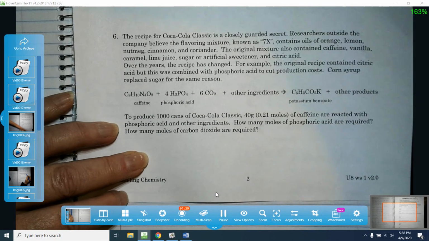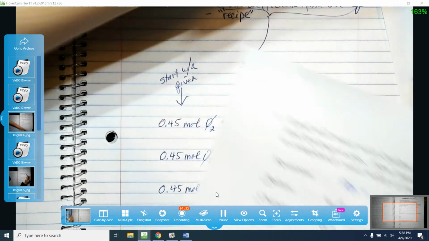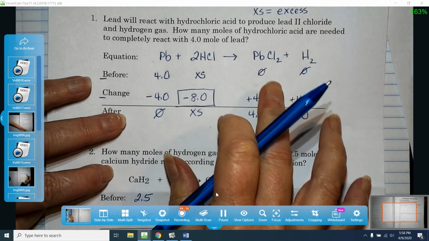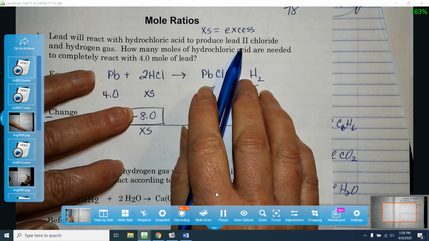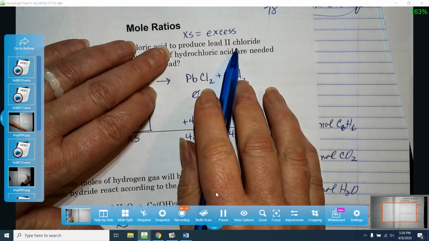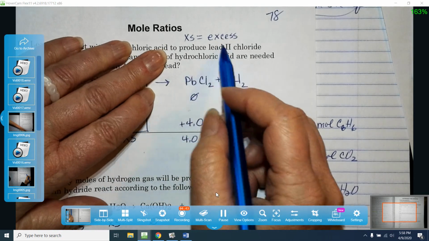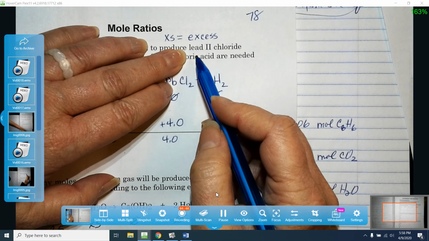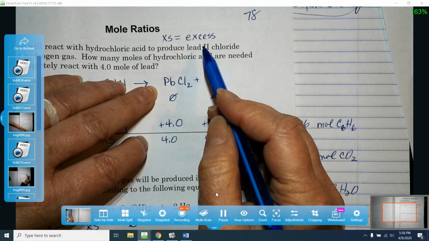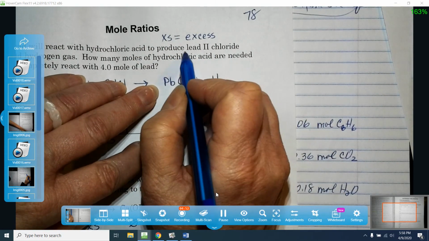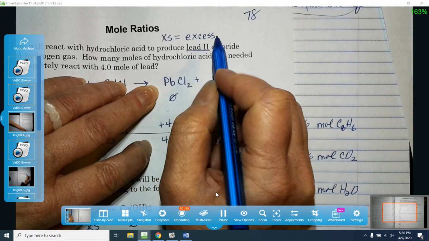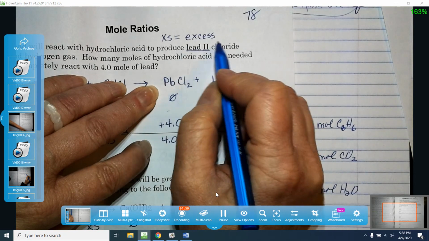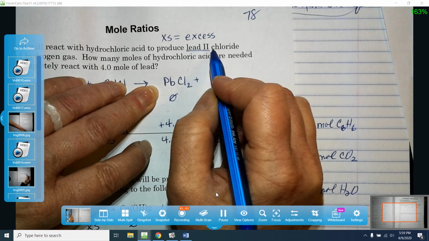I also wanted to talk about this one right here. Lead 2 chloride. So I gave you the formula here, but just for your information, I'm not going to give this on a test or anything. How did I get this formula from that? So lead 2 chloride. This is a metal, which means this is an ionic compound, so they're made out of ions.